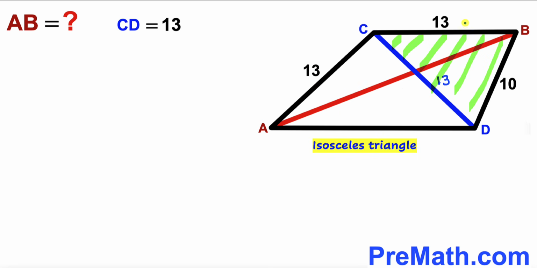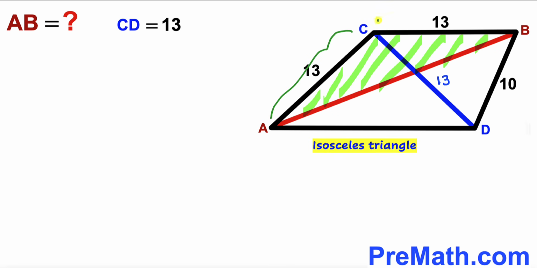Likewise, we are going to focus on this other triangle BCD, and we can see this is an isosceles triangle as well, since this side BC length equals this side CD length. And finally, we are going to focus on this another triangle ABC as well, and we can see this is an isosceles triangle as well. As we can see, this side AC length equals this side BC length.